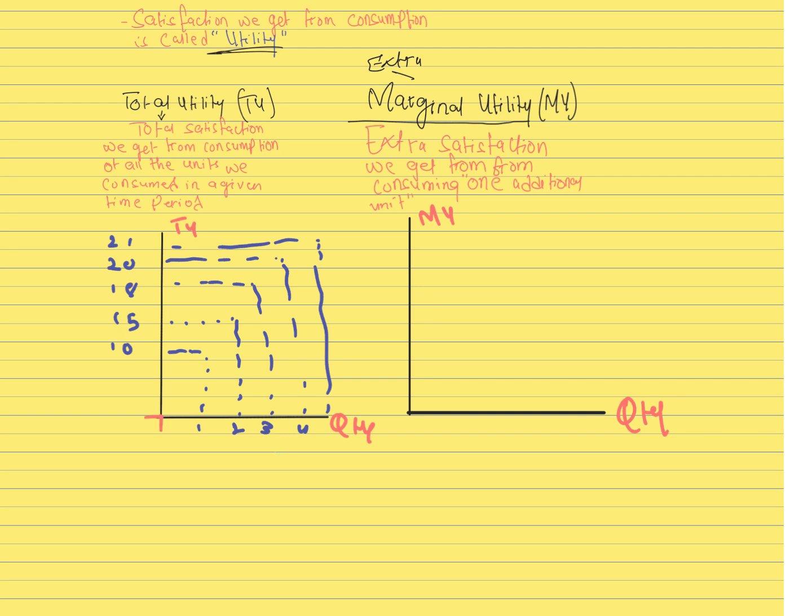But one more thing to remember, the total utility curve will start from the origin, because when you are not consuming anything, when you have not consumed a single unit, the total utility will be zero. Okay, let's join these points.